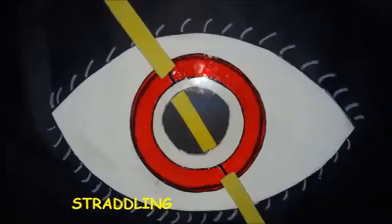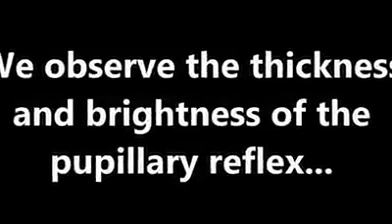Straddling is a technique which is performed after refraction. This technique helps us in the refinement of the cylindrical axis. We move the streak 45 degrees on both sides, that is, clockwise and anti-clockwise to the cylindrical axis of the trial lens. We observe the thickness of the streaks on both sides.